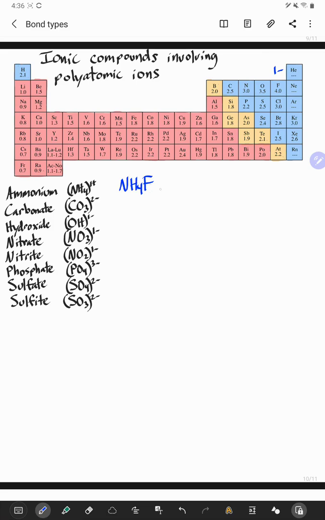All right, but we're going to talk about how to name this. So if we want to convert this to a name, let's look at it. We're going to have ammonium, and we just said the second element is fluorine.